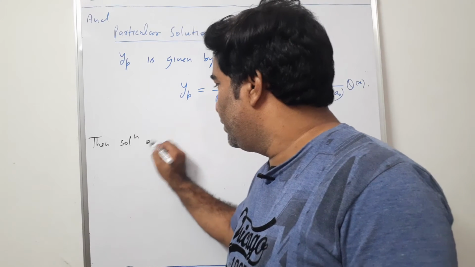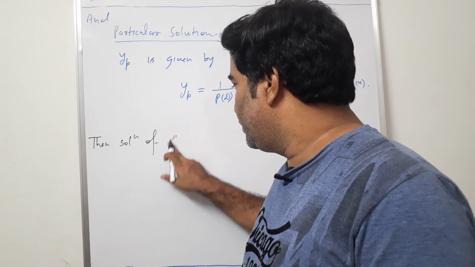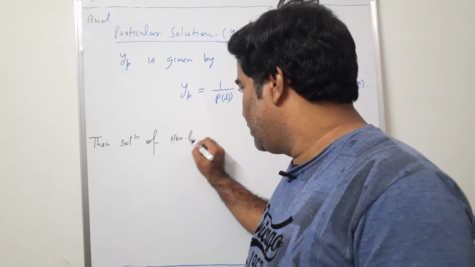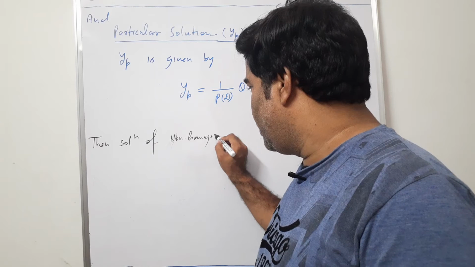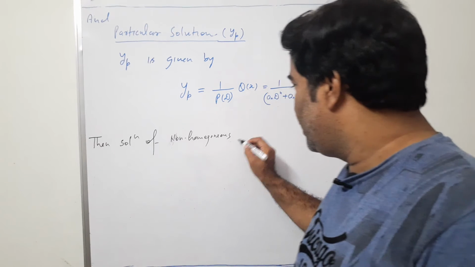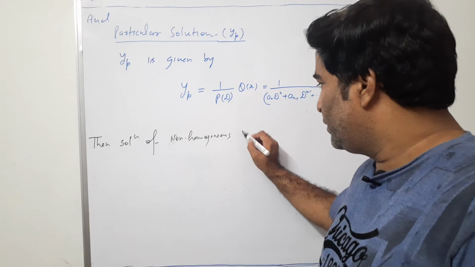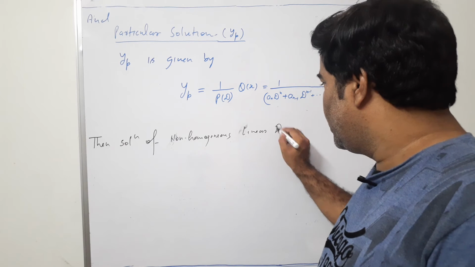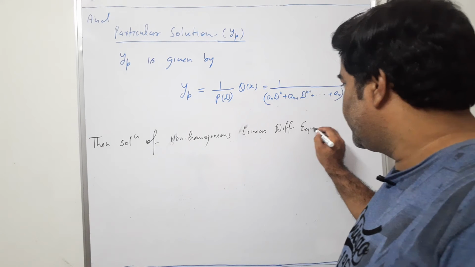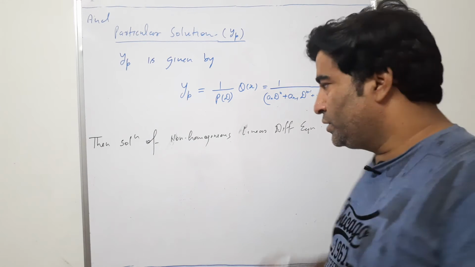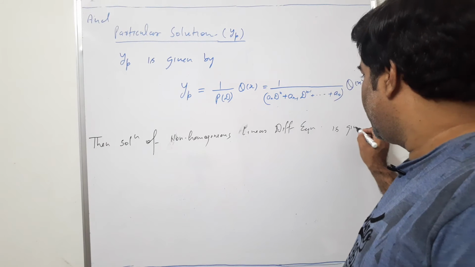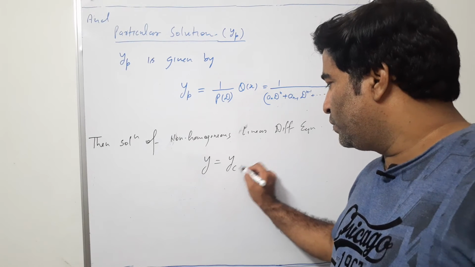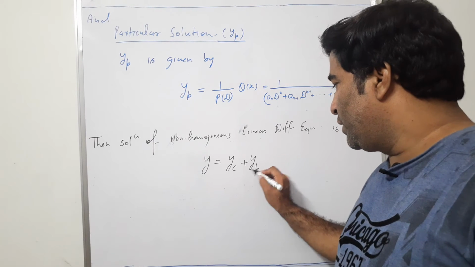Then the solution of the non-homogeneous linear differential equation with constant coefficient is given by y equal to y_c plus y_p.